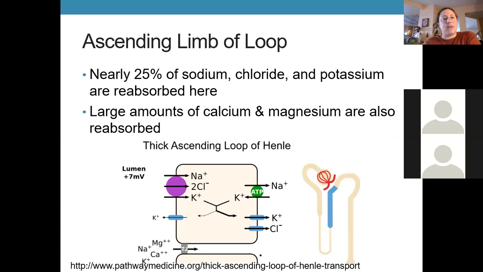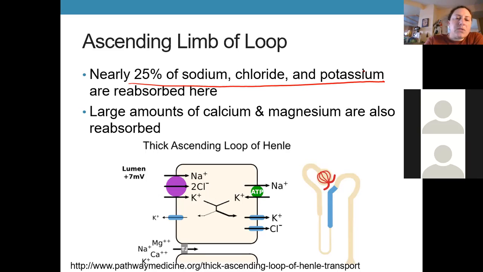All right, so let's see how this works. An additional 25% of sodium chloride and potassium are reabsorbed here. Again, you don't need to know the numbers. But this is kind of our second biggest reabsorption site, in this loop, okay?